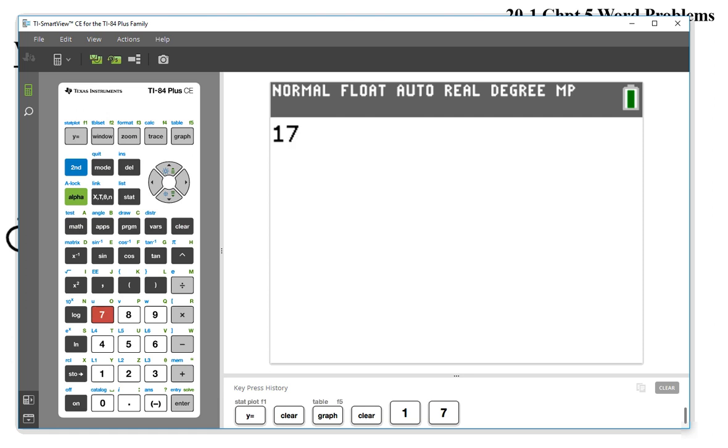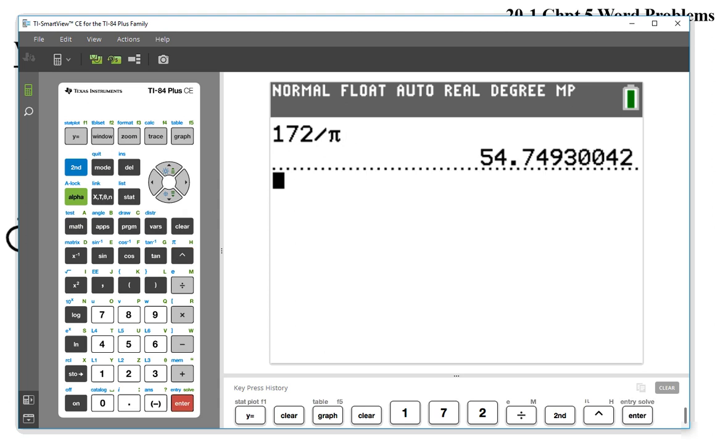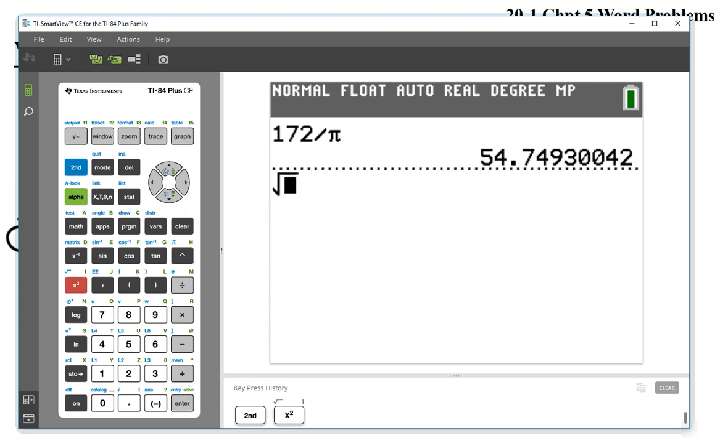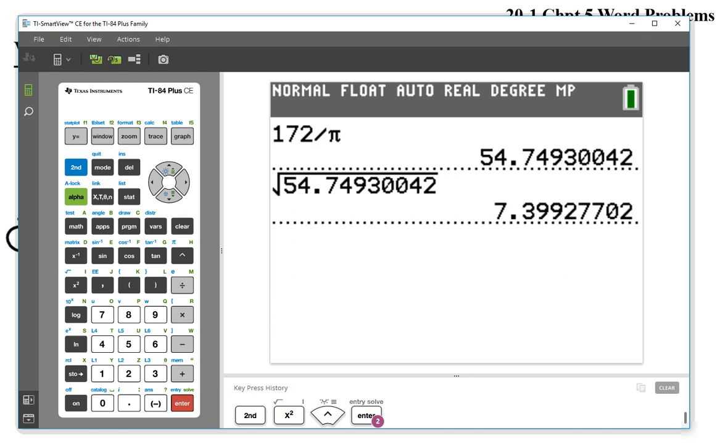So I'm going to go 172 divided by and come up with the pi symbol to be more specific. There's what I want. And I want the square root of that so I can grab it. And I like to break it into parts. So there's my 172 divided by pi, square root it, and I then have to multiply that by 1/2.